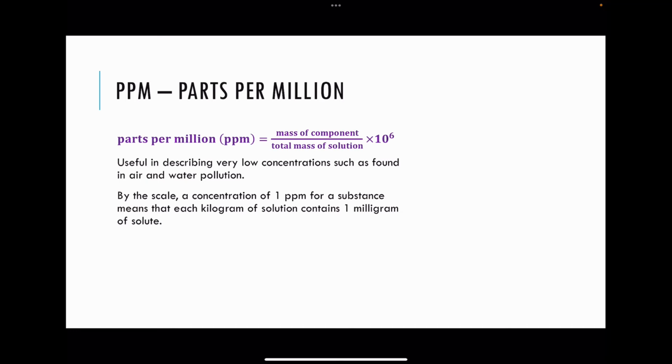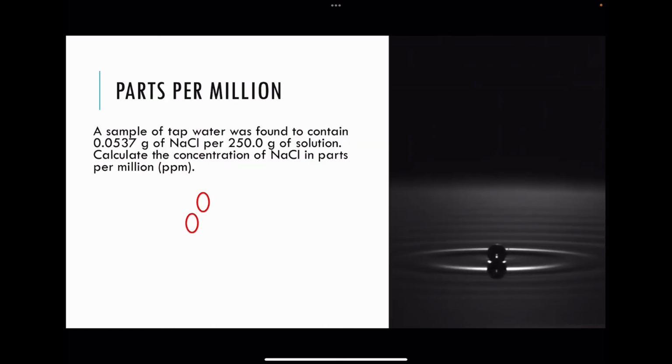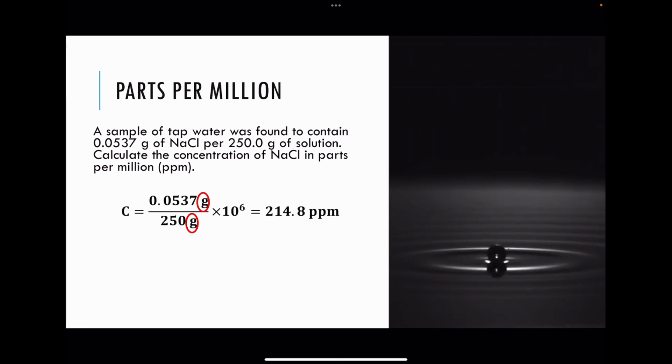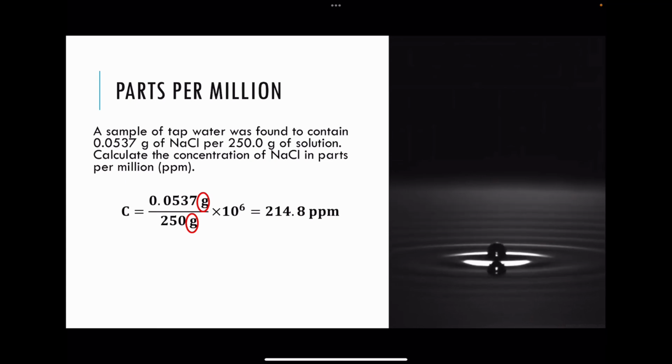Okay. A sample of tap water was found to contain 0.0537 grams of sodium chloride per 250 grams of solution. Calculate the concentration of NaCl in parts per million. Based on the formula, we know that c equals mass of solute over mass of solution, multiplied by a million.